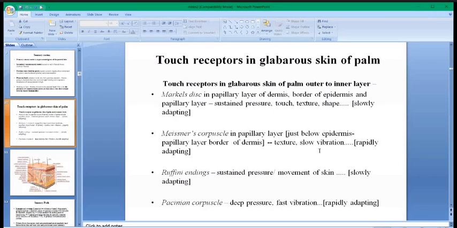Can you see my hand? Can you see my fingers like this? So there is a slow vibration because some cloths are fine, some are coarse. By that we can check the quality of the texture of the cloth. So that is the function of Meissner's corpuscle.